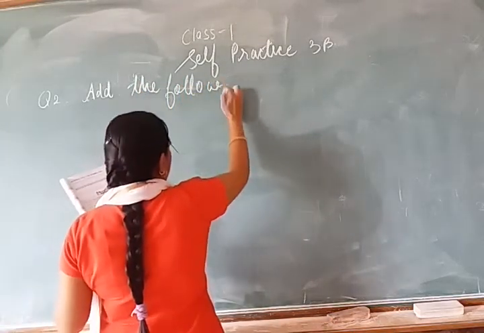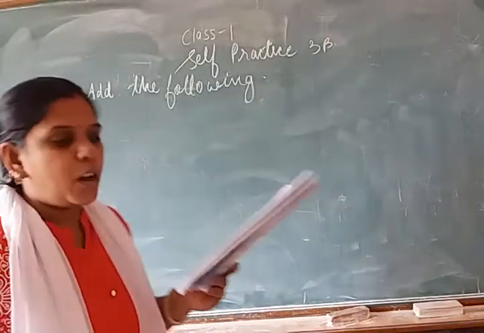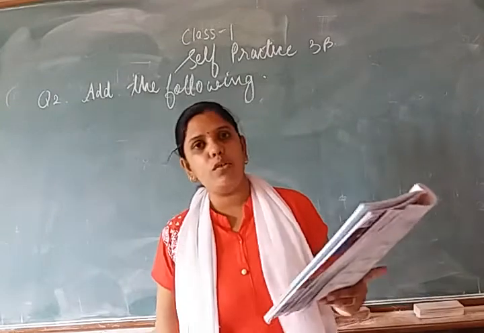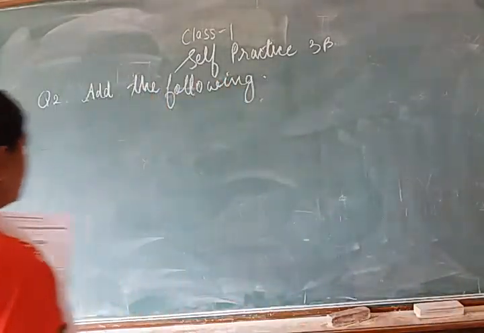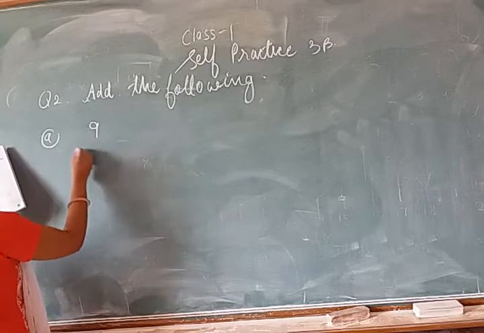One question already we have done, adding numbers using number strip. Now this question we will do as usual using our fingers. So first I am writing question, so you also first copy question.